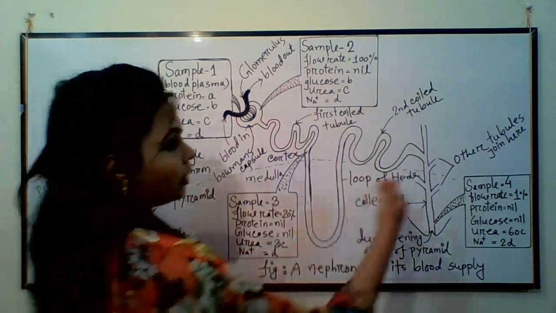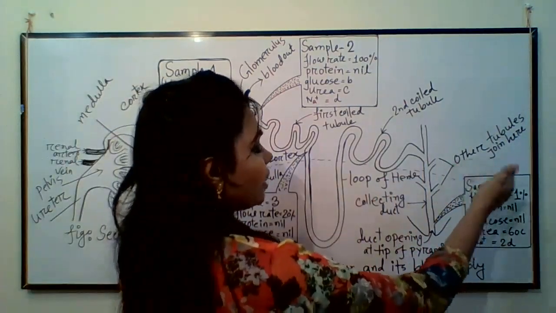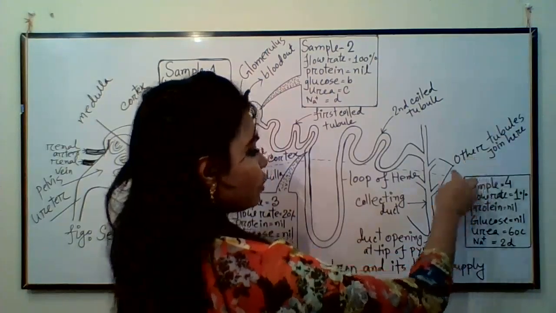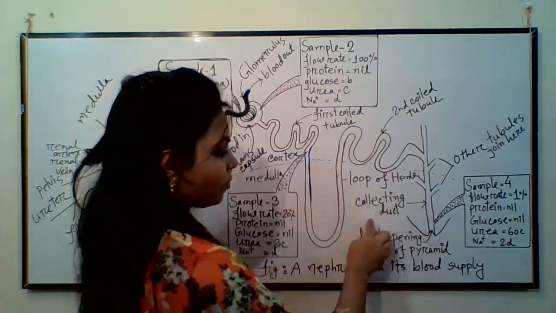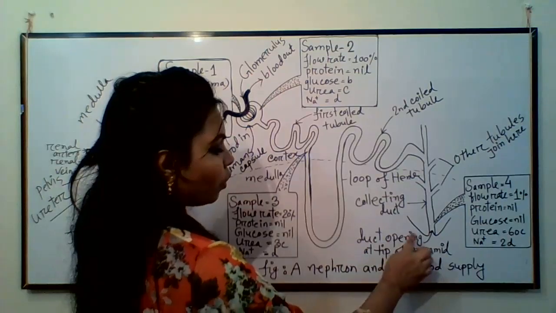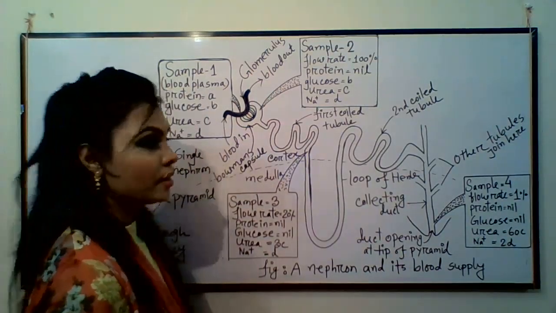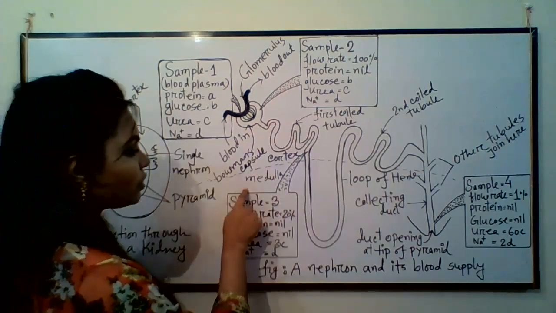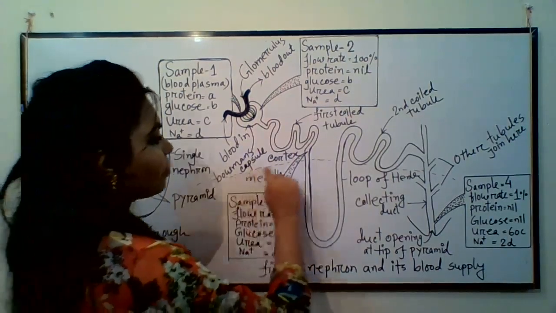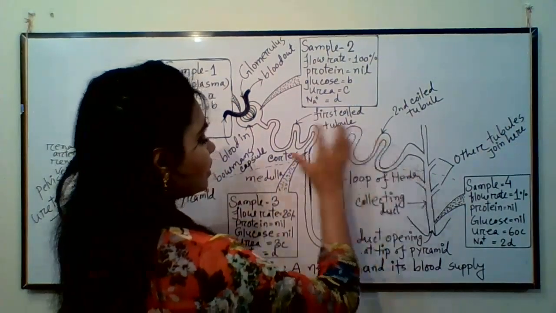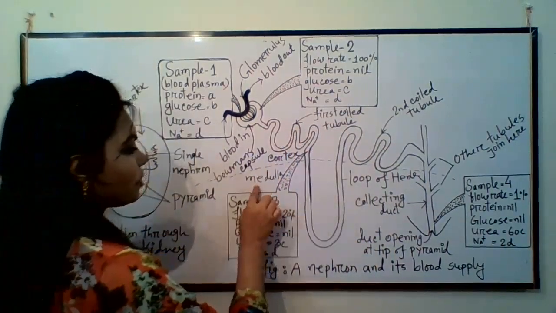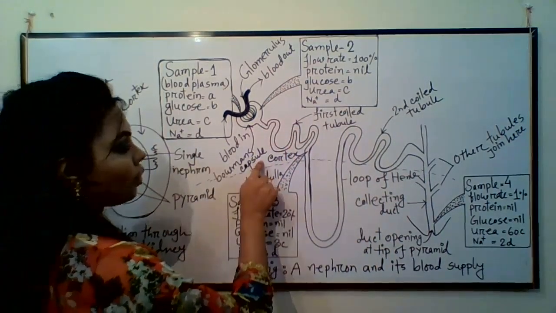And then several nephrons join here to form the collecting duct. And then this is the duct opening at the tip of the pyramid. Understand? You can also see I have marked this nephron. So this is the medulla and this is the cortex.